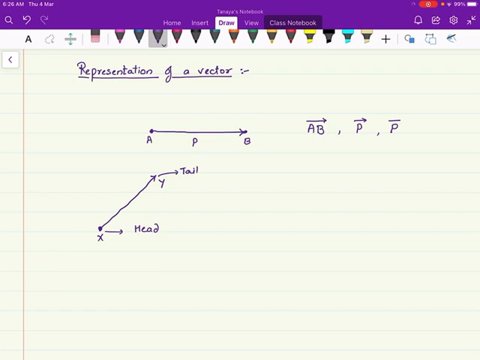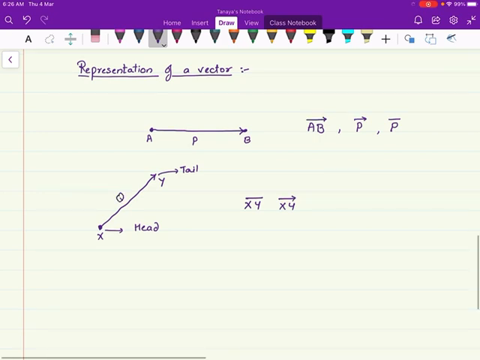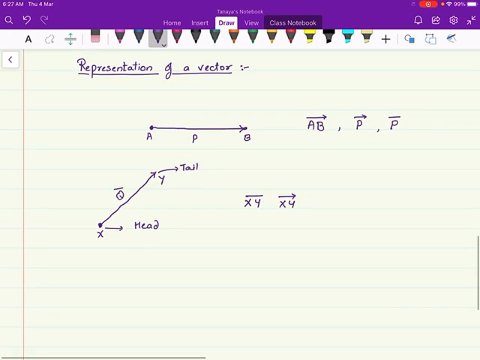So I can represent this vector as xy bar, or xy with an arrow overhead. If I give it a name, say Q, I will write it as Q bar. So this is how we are going to represent a vector.